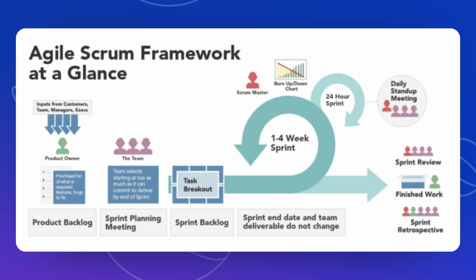We do a daily stand-up meeting where the team gets together and each individual discusses what he or she has done the last day, what he or she is doing today, and whether there is any roadblock. Usually during the sprint we do sprint reviews, mid-sprint reviews, and after the end, when we deliver and finish all the features, we do sprint retrospectives.